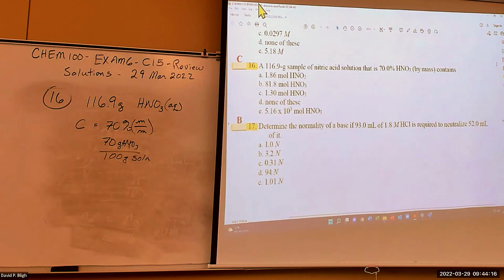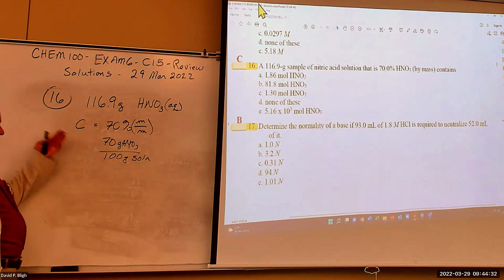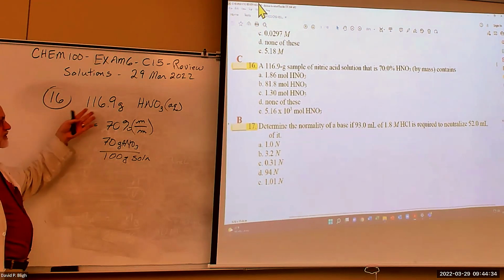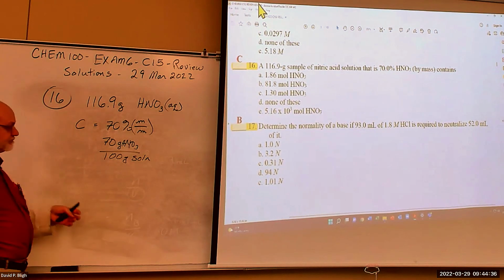Okay, so it contains an answer. The answer informs the direction of our problem solution. The answer is in moles of HNO3. So all we can find from this is how many grams of HNO3 there are.